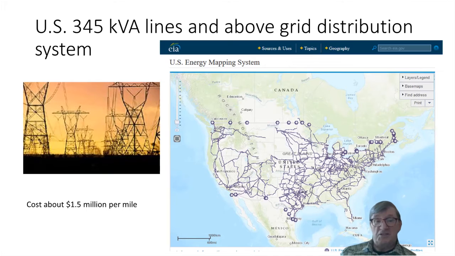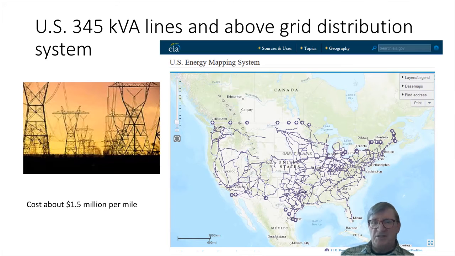Just as an aside, they apparently cost about $1.5 million a mile, so it's a lot of bucks when you start stringing a lot of lines. And with most power plants, they tend to put them in remote areas because people don't find them aesthetically pleasing, so that really drives up the cost of distribution.